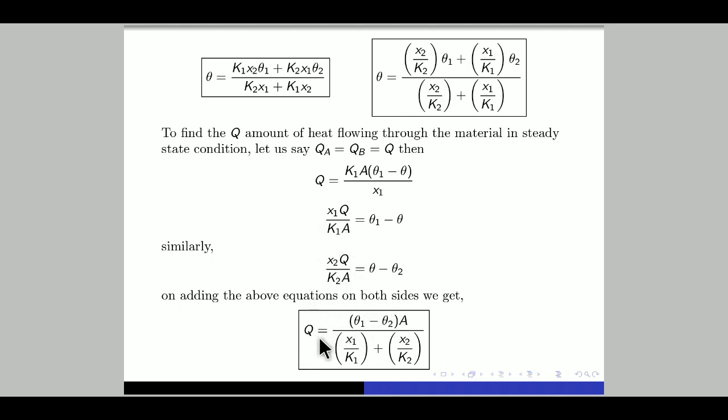On simplification, we get Q is equal to (theta 1 minus theta 2) times A divided by (x1 by K1 plus x2 by K2). This is the expression for the quantity of heat flowing per second in a compound medium when the bodies are connected in series.